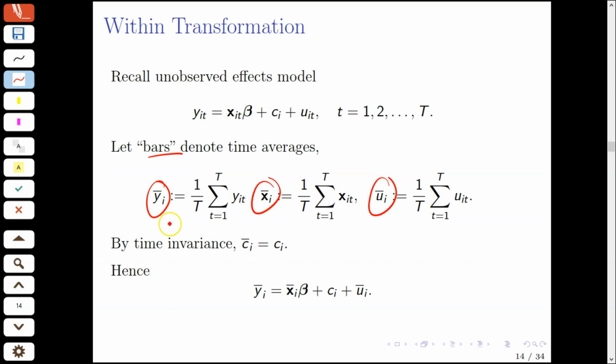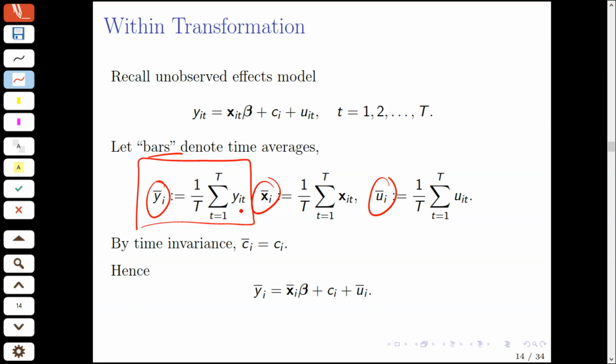For example, for the outcome variable, yi bar denotes the average of all the YITs over time. Since we've fixed the individual, these barred variables will still depend on the particular individual, hence they should carry the subscript i.